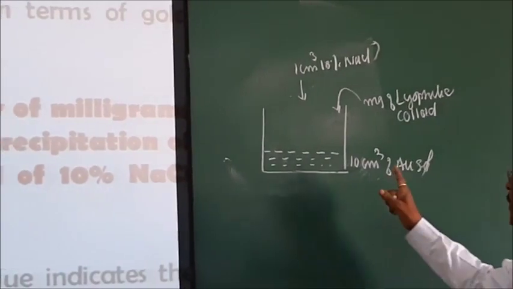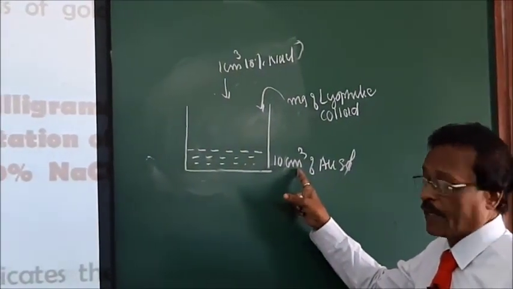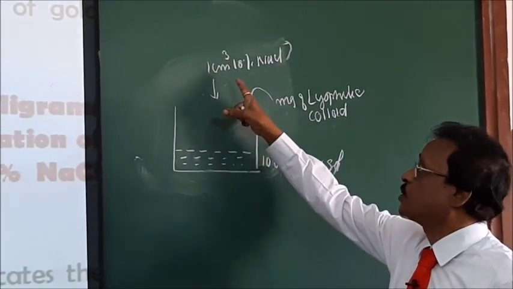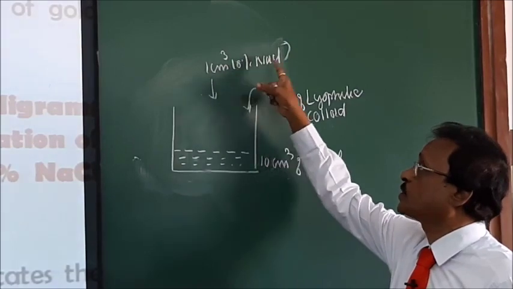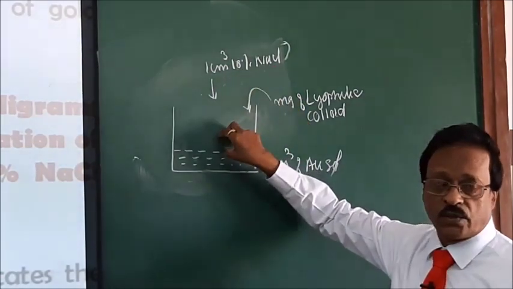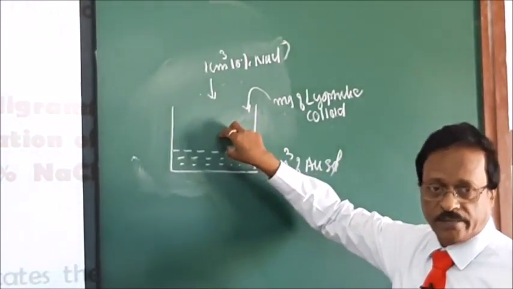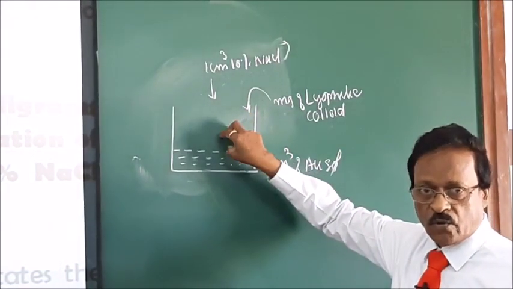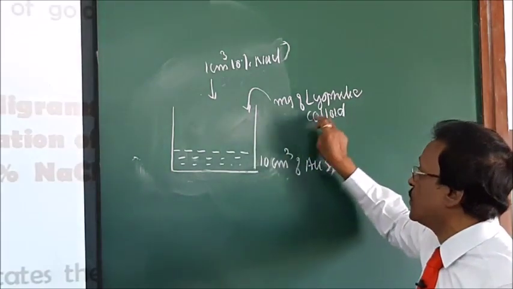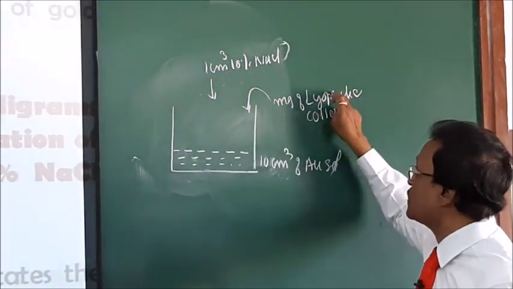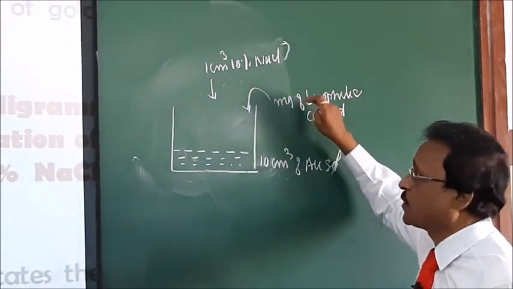But I have taken the gold sol. Look here, gold sol. Let's assume I am going to put 1 ml of 10% sodium chloride. As you know, coagulation occurs. My point is you have to protect it from coagulation. To protect from coagulation, how many milligrams of lyophilic colloid should be added? This is called the gold number.